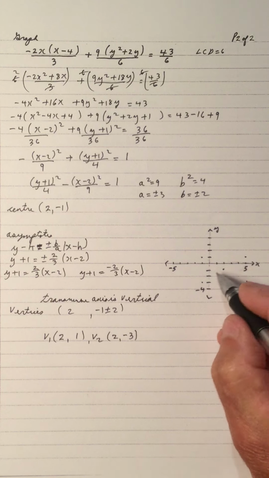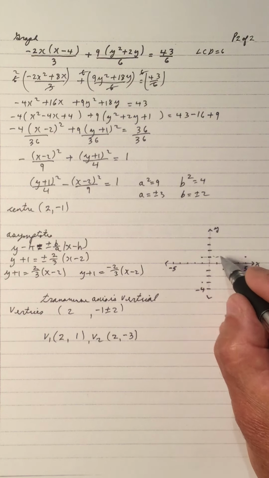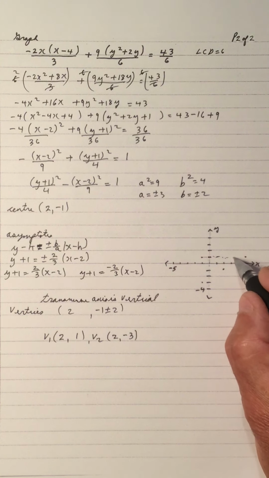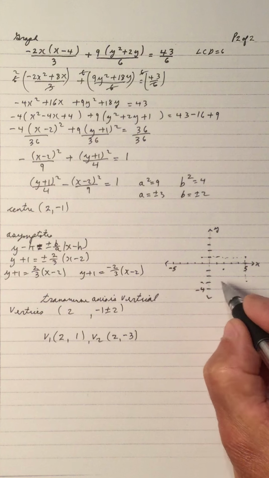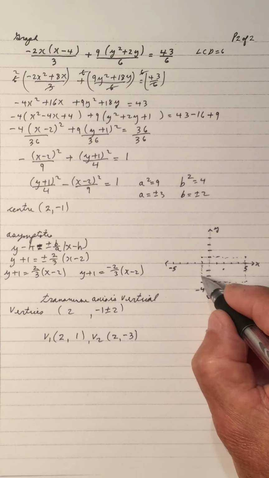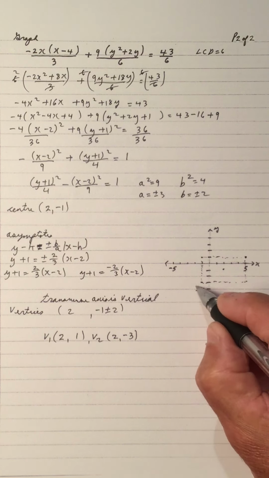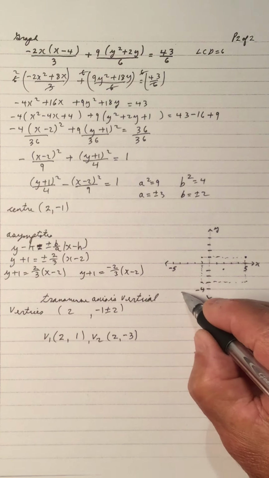And again, there are the asymptotes, and we can think of a rectangular box passing through each of these points right here. There's the rectangular box that the teacher will mention. So the asymptotes go through the corners of the box.